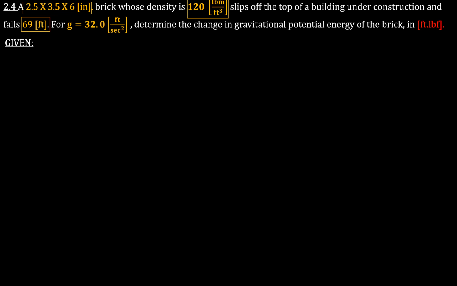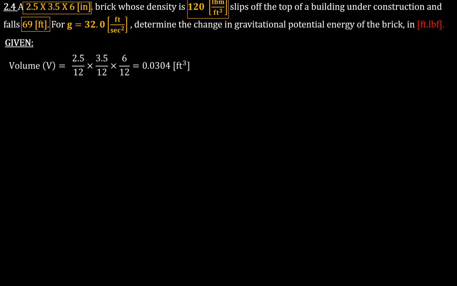As always, we write what's given. We have a volume. To keep our units consistent, we will change inches to feet by dividing by 12. So 2.5 divided by 12, by 3.5 divided by 12, by 6 divided by 12.